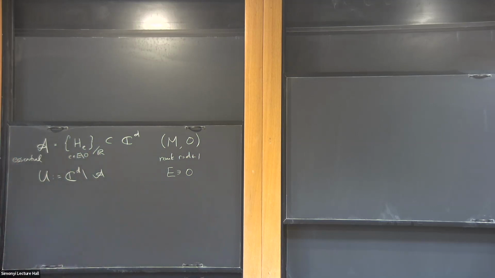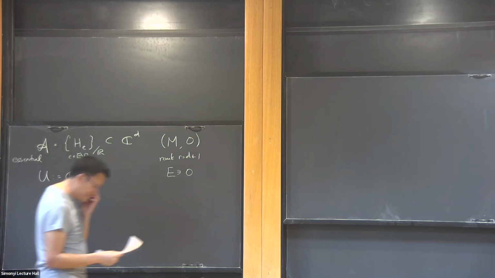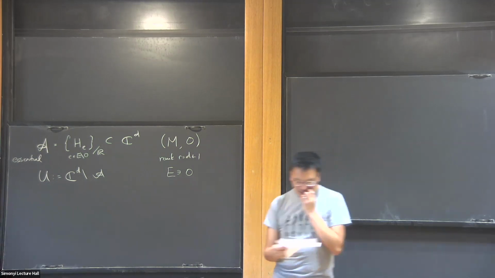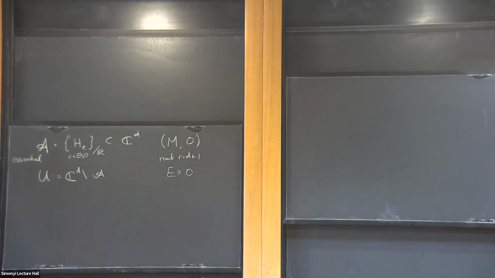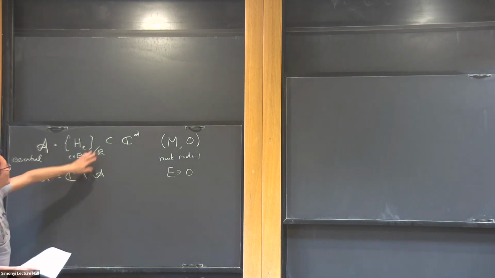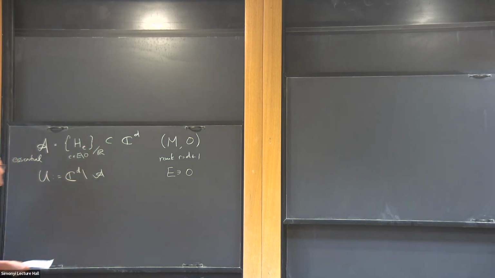So the projective arrangement includes 0. Okay, so this is just the basic setting that I'll be working with. Actually, for most of this hour, this is not important, but later on it will be.